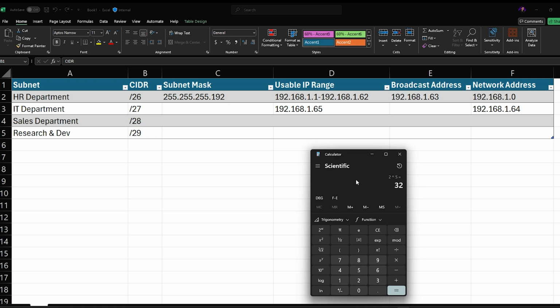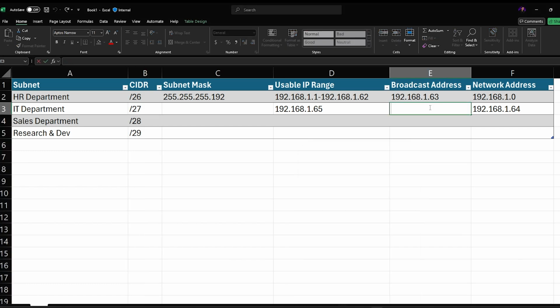We subtract 2 because we're reserving the network address and the broadcast address. Then it's going to be 65 plus 30, which is going to be 95.